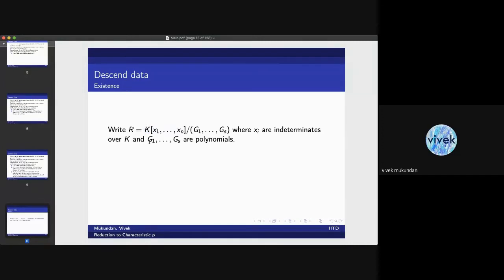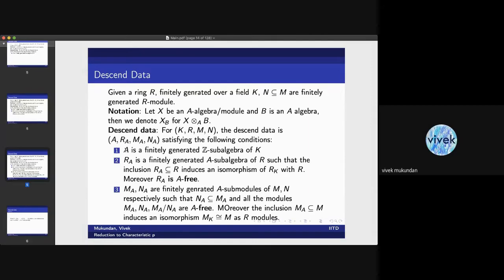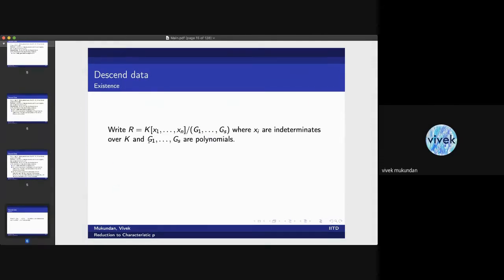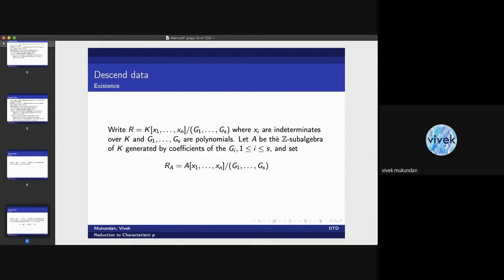Remember that the first step is actually to come up with the finitely generated Z-subalgebra of K. So the coefficients of the G_i may not be integers. But you can do the next best thing. What you can do is adjoin all these coefficients of the G_i to Z and form a new algebra called A. So A is the Z-subalgebra of K generated by the coefficients.